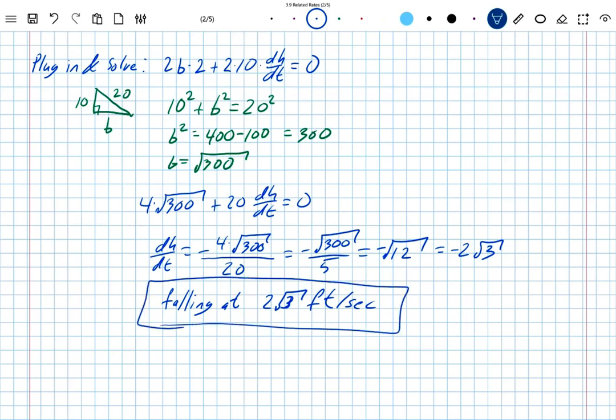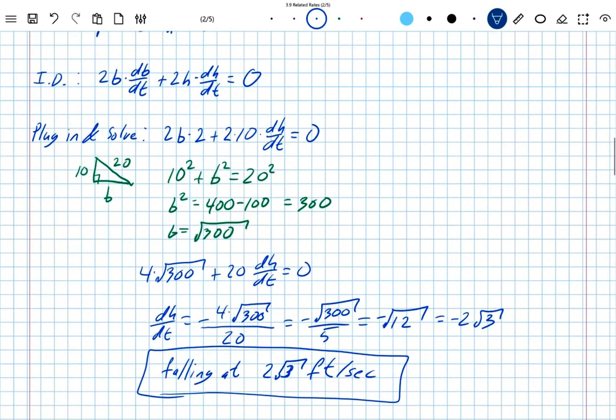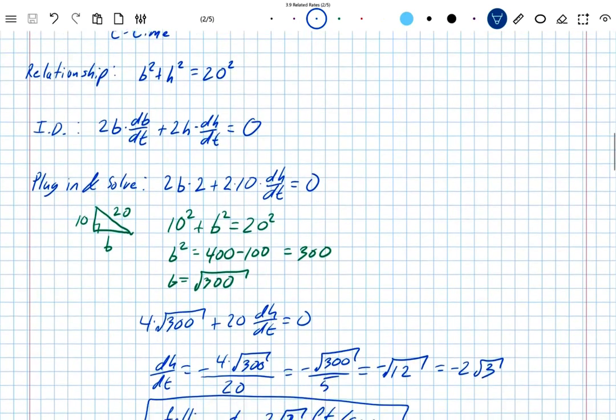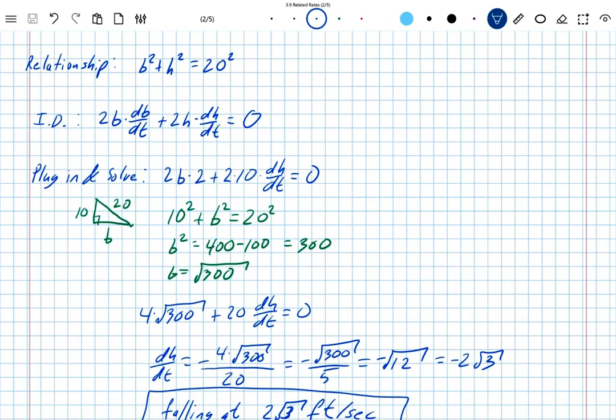I do want to just jump back here for a quick second when we look at this and say, well, what happens as I get close to 0? Just as a curiosity, what happens as H gets really close to 0? What you'd see is that as H gets really close to 0, B blows up. B goes off to infinity. And so dh/dt also ends up going off to infinity.